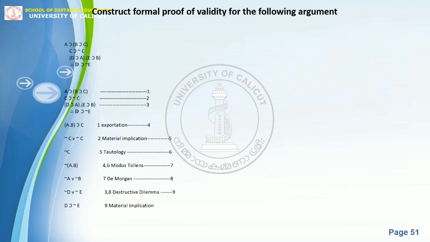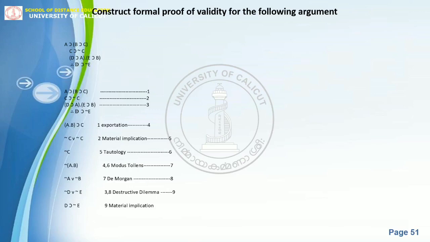So first we have to check many possibilities of which rules we can apply. First I am applying to A implies (B implies C) the rule of replacement, that is exportation. When we apply exportation, it becomes A conjunction B implies C. Then next I am again applying a rule of replacement, that is material implication, to the second premise.